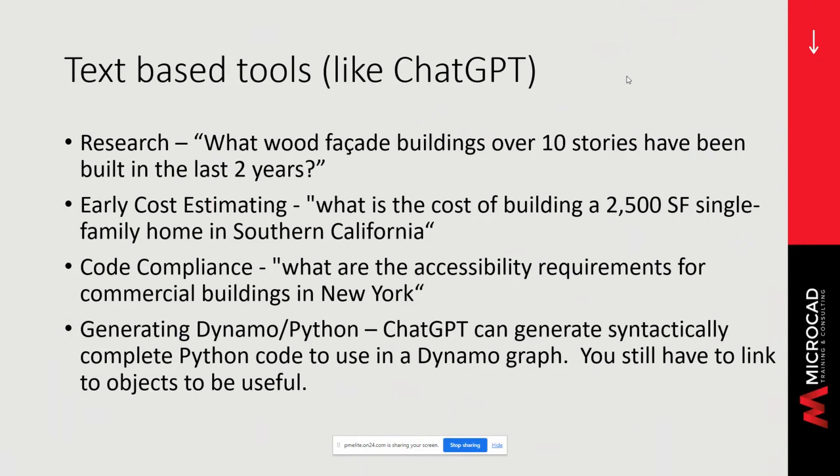A user could submit text directing ChatGPT to create Python code to perform a task. For example, a user might enter, generate Python code to convert all doors on stair towers to 2-hour fire rating.